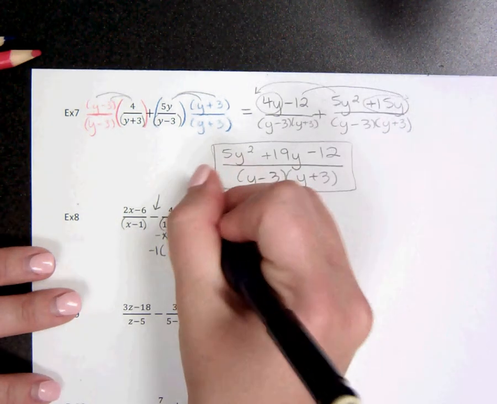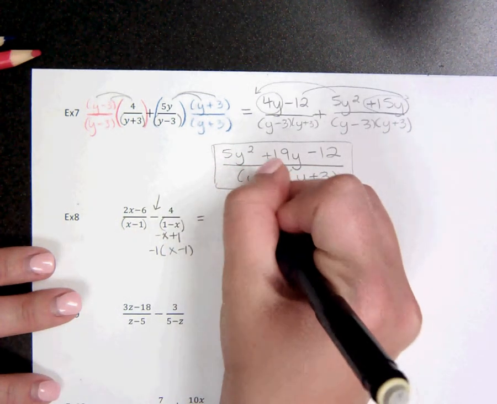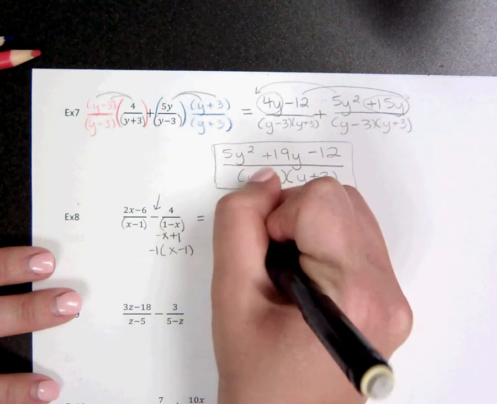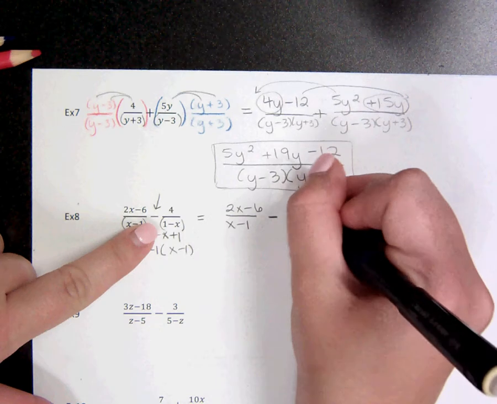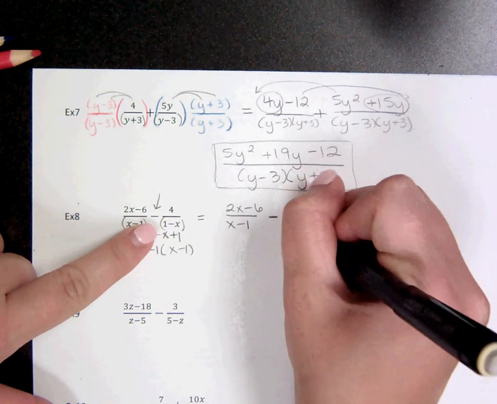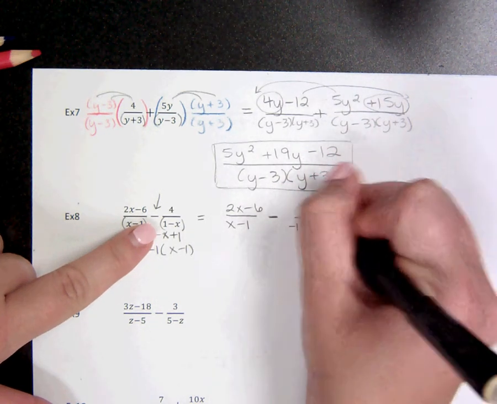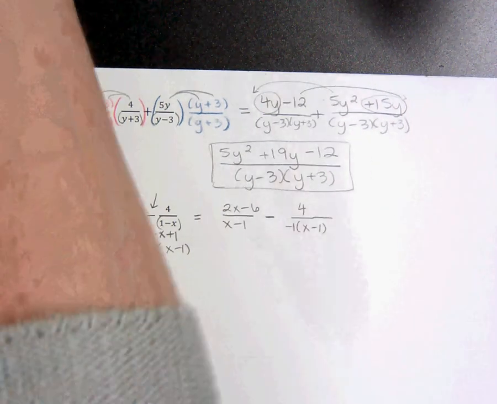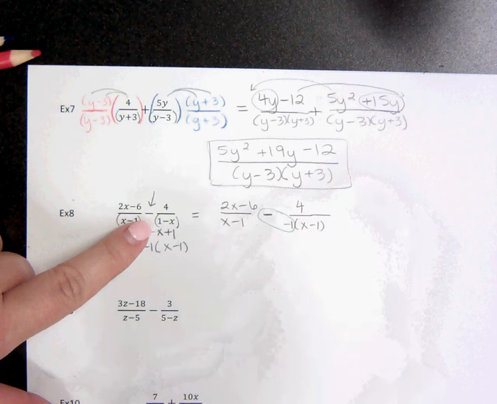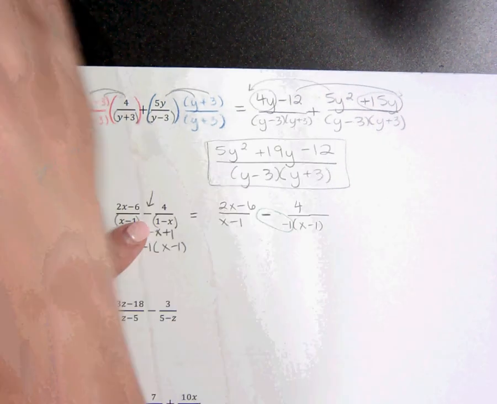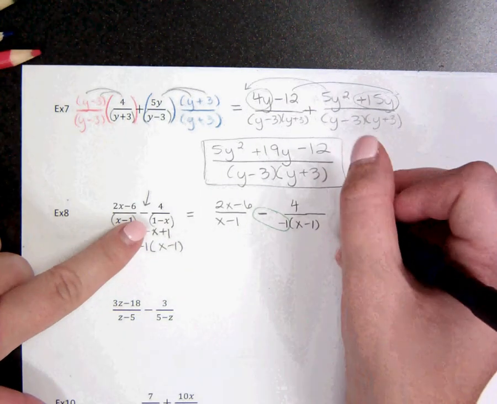So what I have here is 2x minus 6 over x minus 1 minus, from the original problem, 4 over negative 1 times x minus 1. The minus from the problem and the negative 1 I took out come together to make a positive.